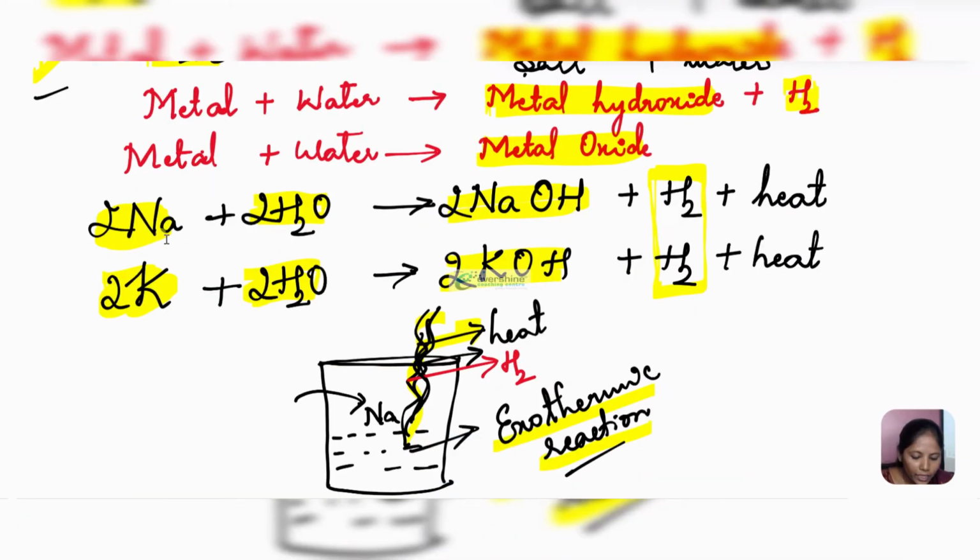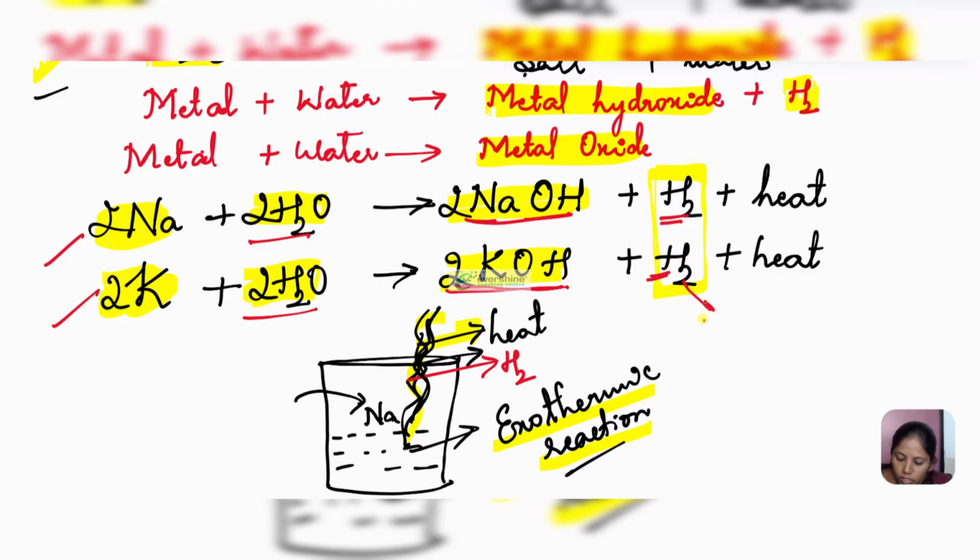Then how do metals react with water? Sodium and potassium are very highly reactive metals. Sodium metal and potassium metal react with water and form respective hydroxides, NaOH, sodium hydroxide, and KOH, potassium hydroxide, and liberate hydrogen gas.